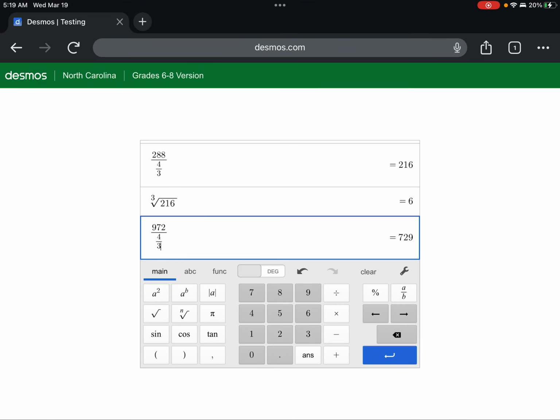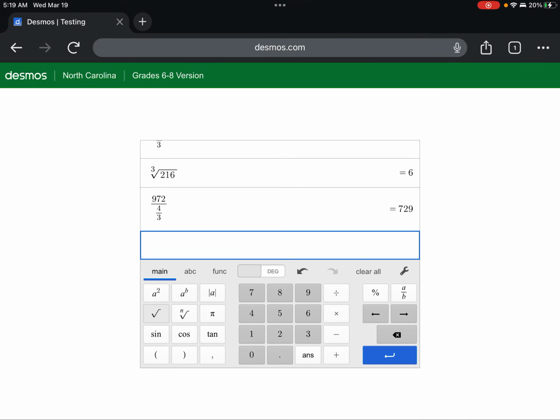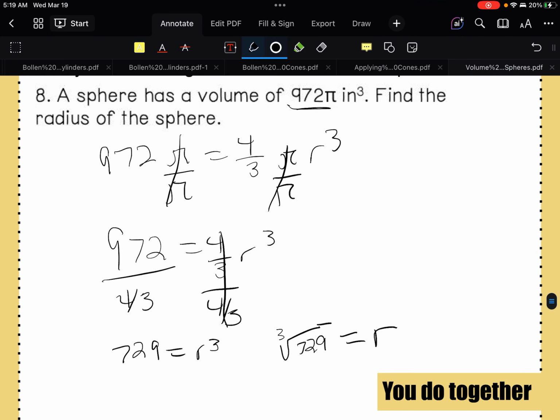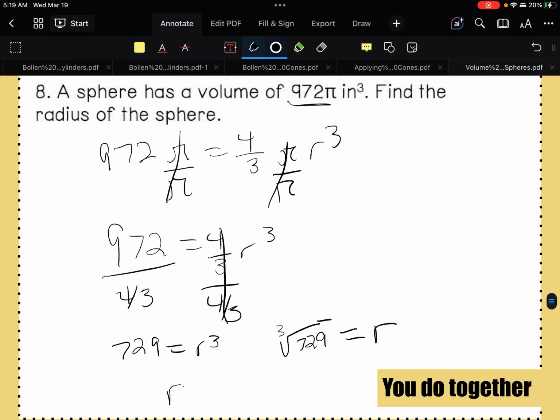So I'm going to use, instead of my square root, my radical 3 and do 729. And so my answer is 9. There you go.